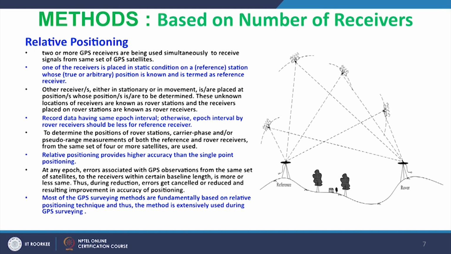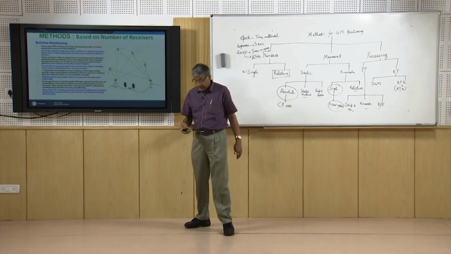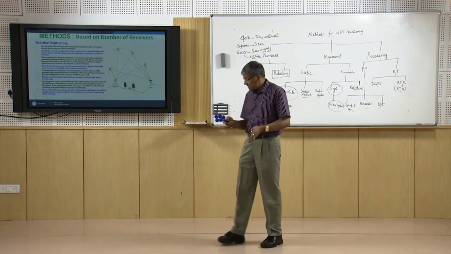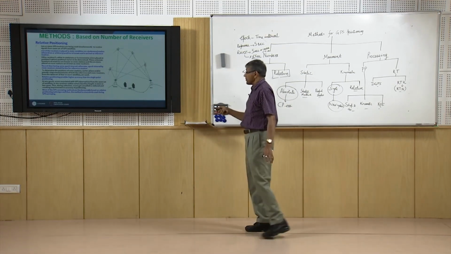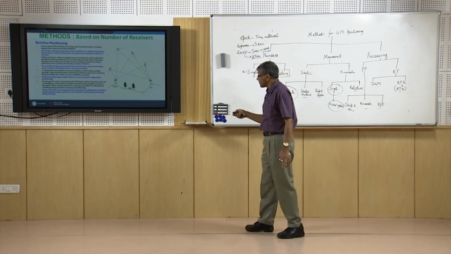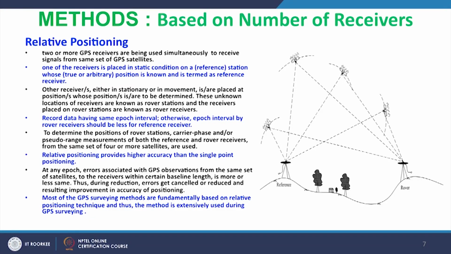Now after making the observation in relative mode, we process the data from both reference and rover receivers together, and as we process the data together, there is every possibility that the error in observation in the reference receiver and the error in observation in the rover receiver will be more or less identical.